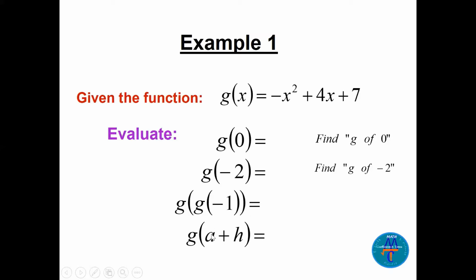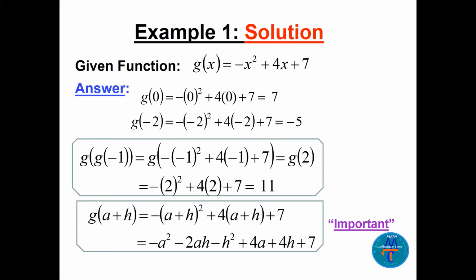This is the same as a plus h. Replace all this x by a plus h. If you want to try this, you can try it, and then I will show you the answer directly in one slide. G of 0, directly put 0, you get 7. G of -2, be careful about the signs. -4, you get -5. Okay.